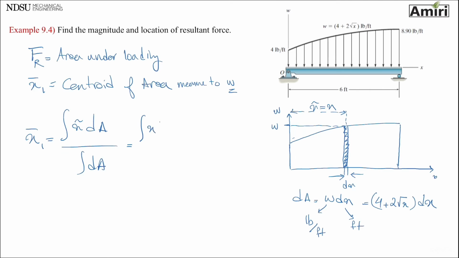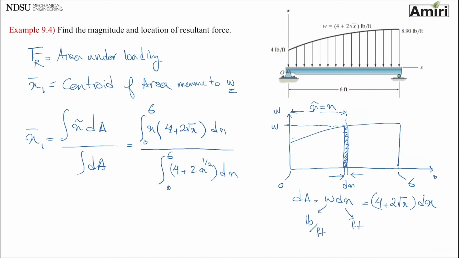I'm going to have x and dA, 4 plus 2 square root of x, dx over 4 plus 2 square root of x dx. I like to write this one like this. Bounds of integral. X moves from 0 all the way to 6.